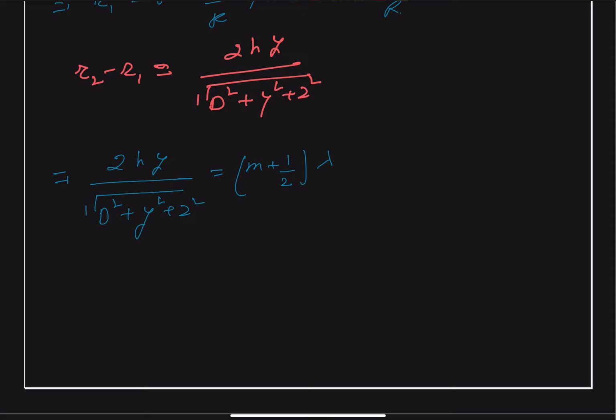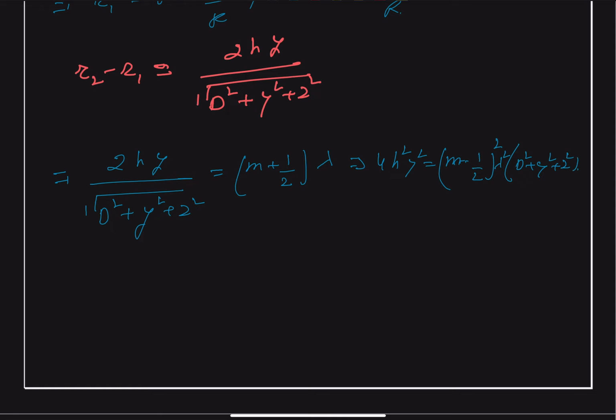We square both sides and solve it. So this will be giving us 4h square y square equal to (m minus 1 by 2) whole square, and we have here lambda square (d square plus y square plus z square).